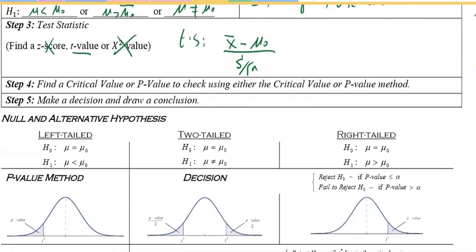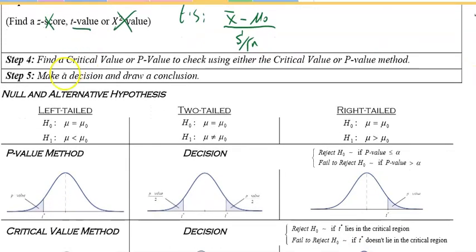Then find a critical value or a p-value and check using either one. Either you reject the null hypothesis or you fail to reject the null hypothesis.